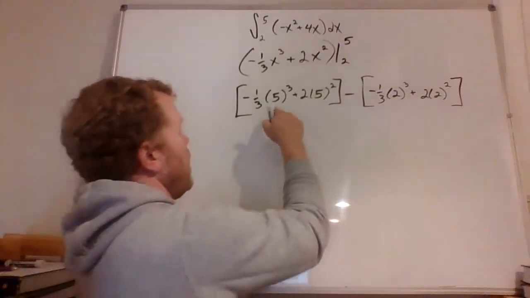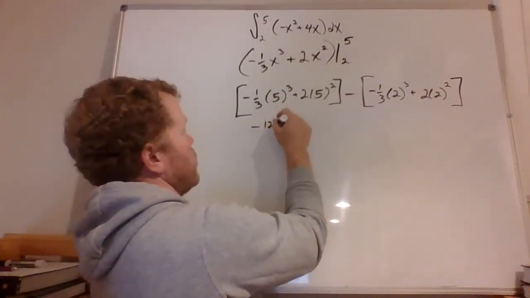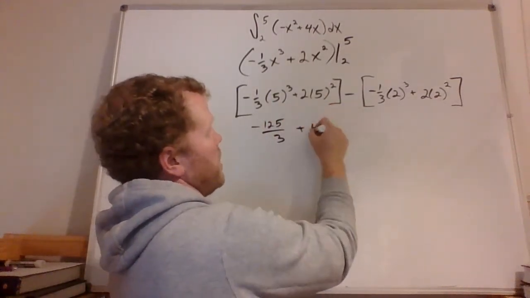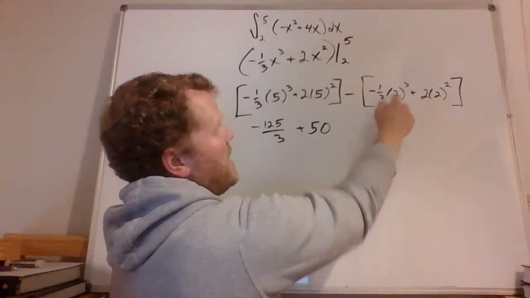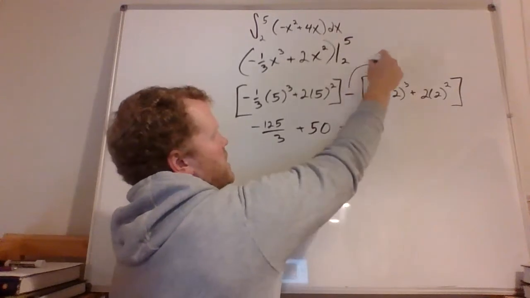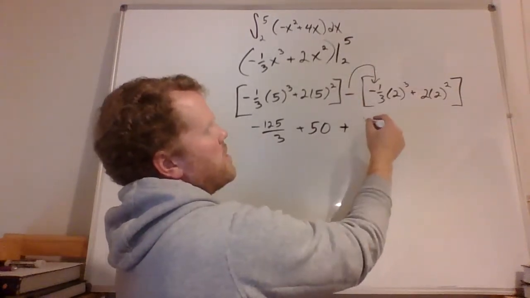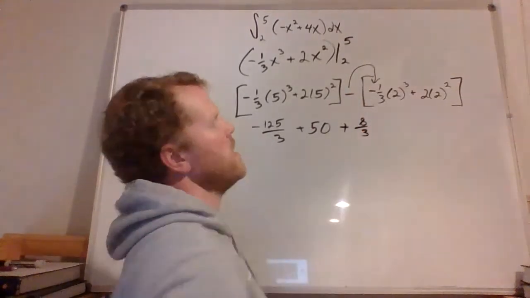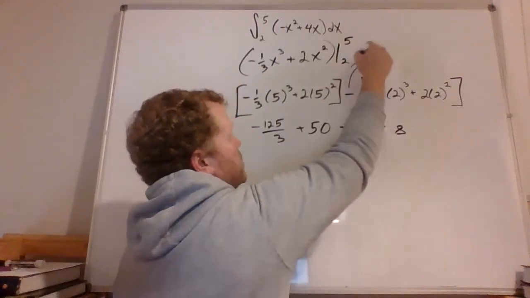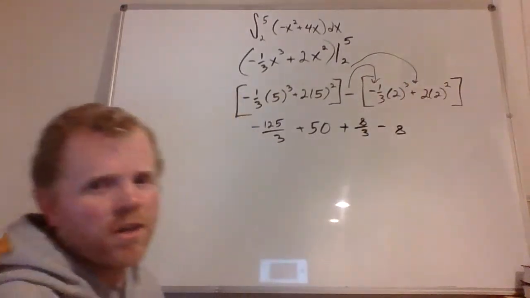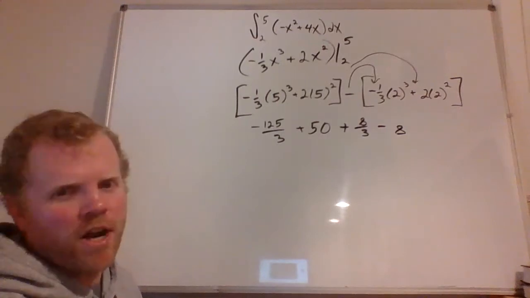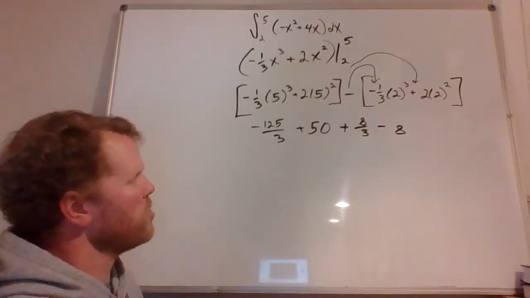So this should be a negative 125 divided by 3, plus 5 squared is 25, doubled should get you 50, 2 cubed is 8, so this is minus, but really plus, because this negative is going to make this plus 8 divided by 3, and that's 2 squared, 4 doubled, 8, but it's actually a minus 8, because when that negative works its way over here, you're going to wind up with a negative. So I vote we simplify this by putting the fractions with the fractions and the whole numbers with the whole numbers, and then we'll sort it out at the end.